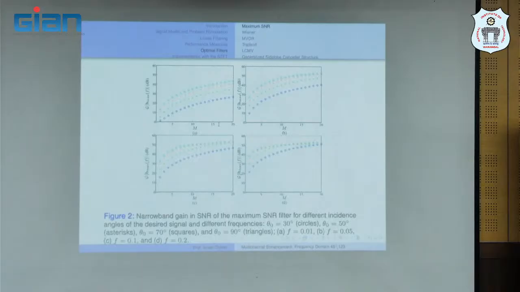Or we can increase the number of sensors, increase the array size, and so on. And then we get better spatial separation. All of that we see here. It's just an example of the output SNR, but if you work with other performance measures, you get the same improvement in performance.